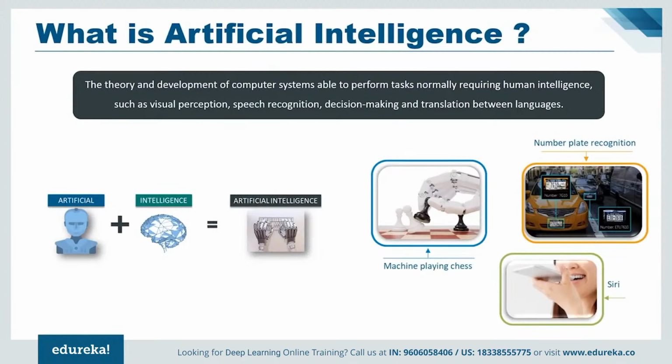Now, the term artificial intelligence was coined in 1956 by John McCarthy, who is also referred to as the father of artificial intelligence. The idea behind AI is fairly simple yet fascinating, which is to make intelligent machines that can take decisions on their own. You may think of it as sci-fi, but with respect to recent developments in technology and computing power, the very idea seems to come closer to reality day by day.